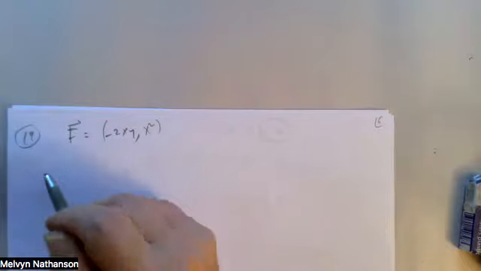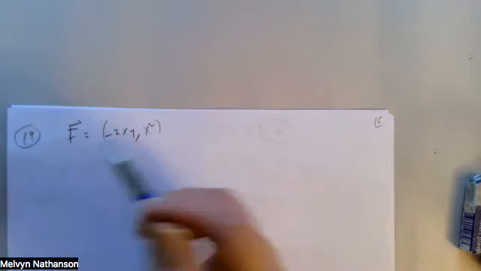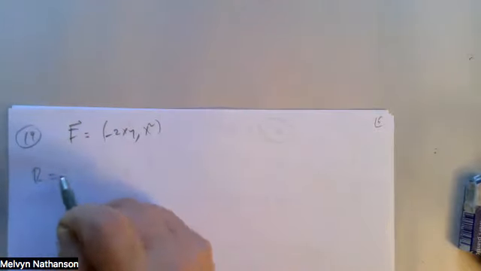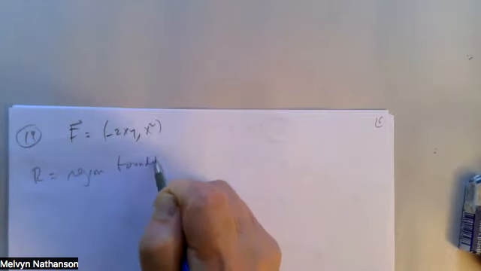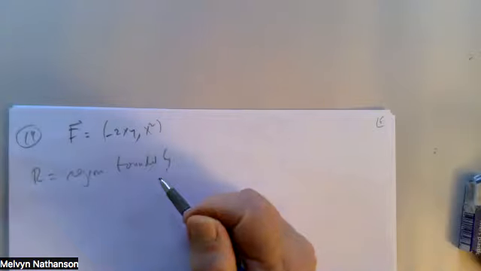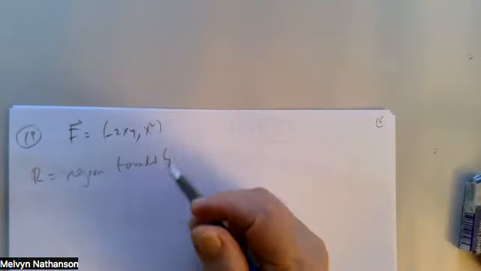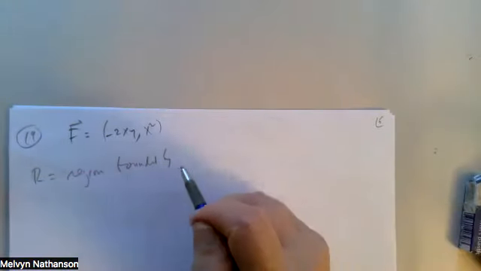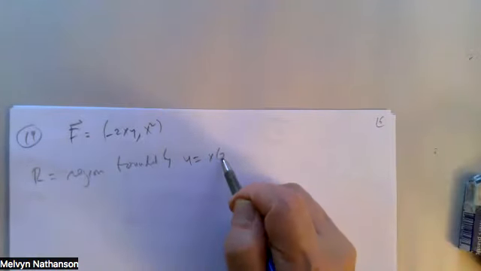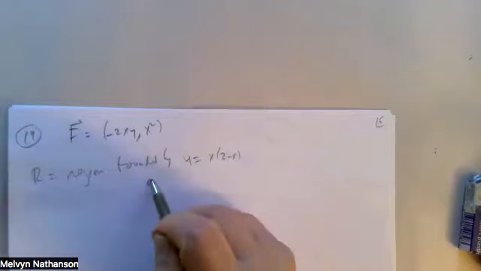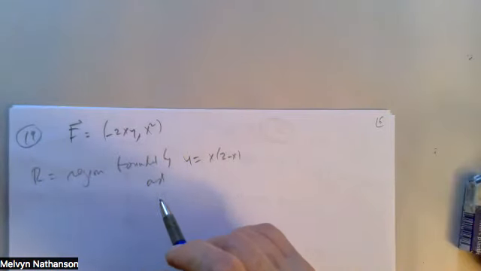And my region R is the region bounded by the parabola y equals x times 2 minus x and the x-axis.